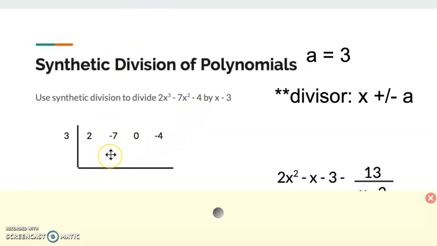From there, it involves our two favorite operations, multiplication and addition. I always bring down the first number, so my first number is a 2. From there, I multiply. I take 3 times 2, which gives me 6.